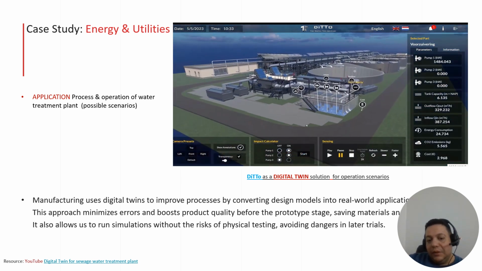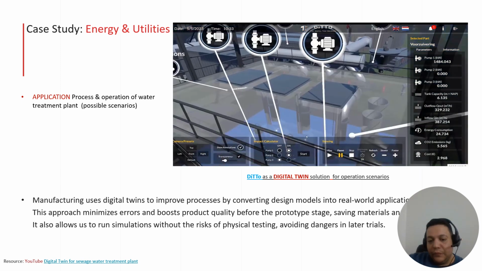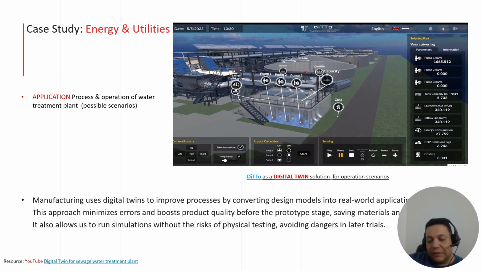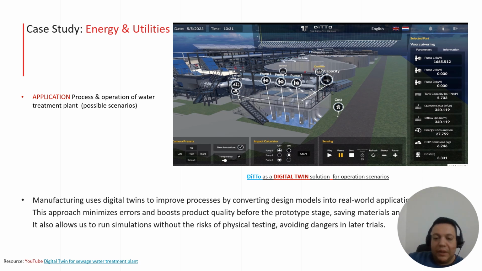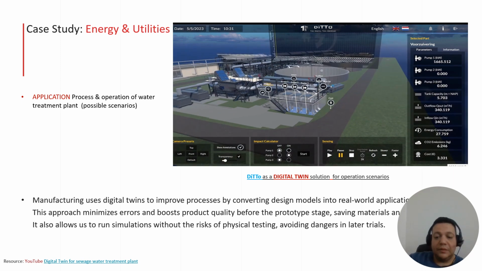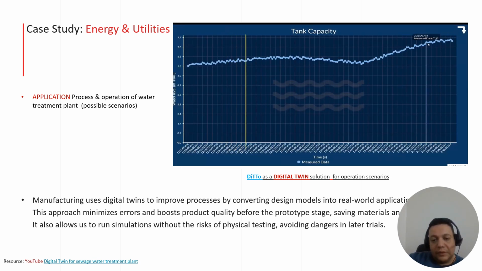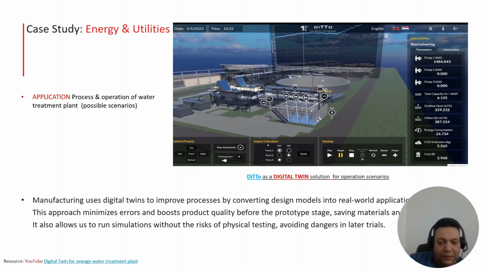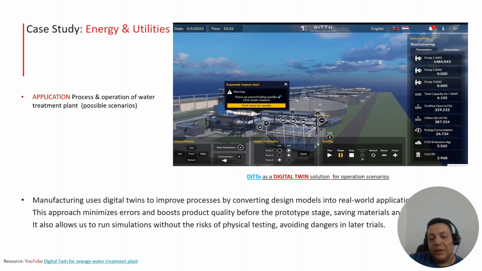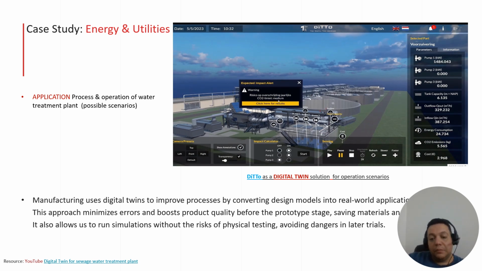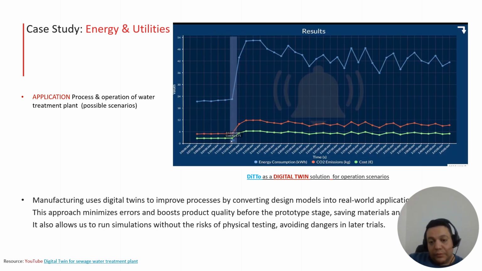So in our example, we can see as a given example a water tank where the level of water should not exceed a limit, and to control this the operator will have options. One of the options is to let the excessive water go through a bypass to a river, which will affect the river environmentally, or to make another pump push the water that's coming, and this will raise the cost.